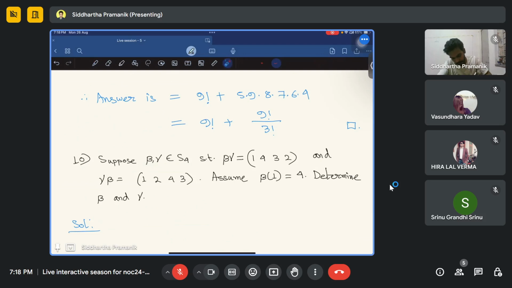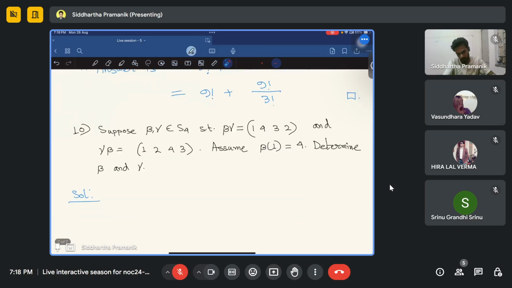So beta and gamma are two elements of S4, that means they are bijective functions from the set 1, 2, 3, 4 to 1, 2, 3, 4. Also, beta times gamma means beta composed with gamma, and gamma composed with beta. Also they have given that under beta 1 goes to 4. So we need to determine the functions beta and gamma.